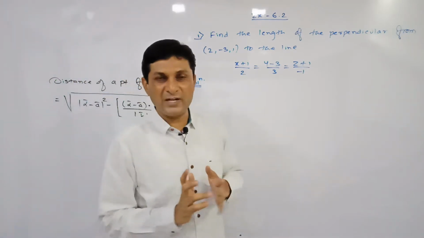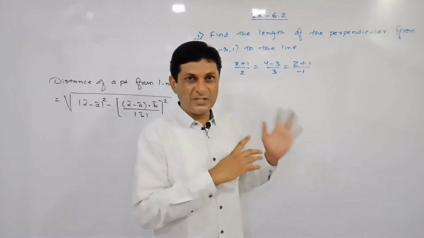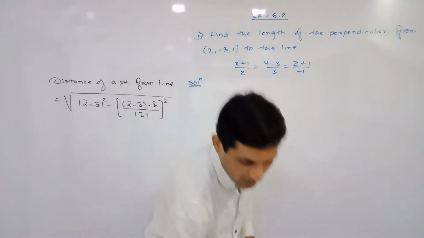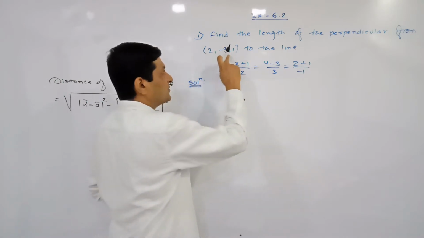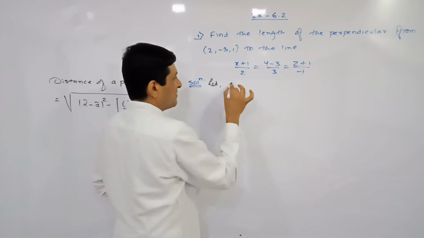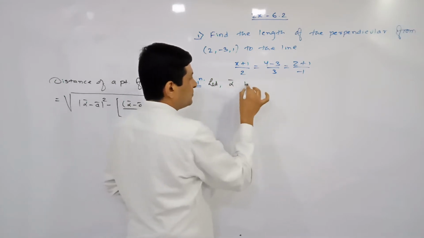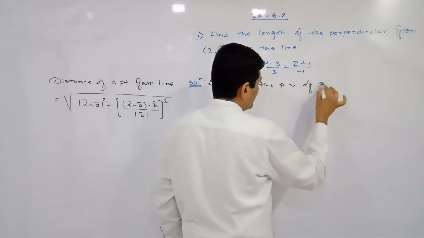First we are trying to find out the values required to apply this formula from the given condition in the example. So observe the given condition in the example. Here one point is given to us. We are denoting its position vector by alpha bar. So alpha bar be the position vector of the point.